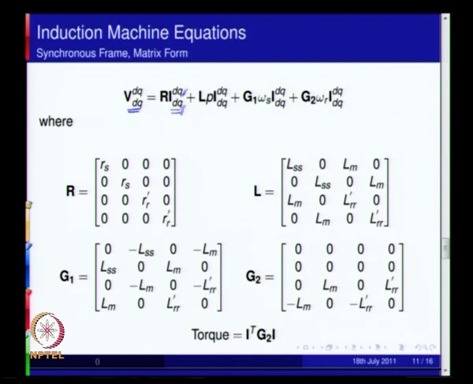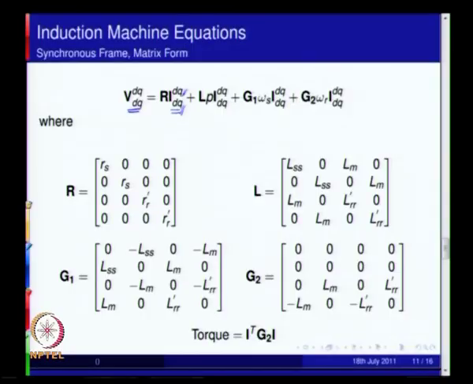We will leave it to the equations to tell whether we are talking about the dq reference frame rotating at synchronous speed or rotor speed or whatever arbitrary speed that one may have. At which speed it is rotating is known from the entries on the speed matrix, that is G1 and G2. In this case, because you have omega s, you are talking about the synchronous reference frame.